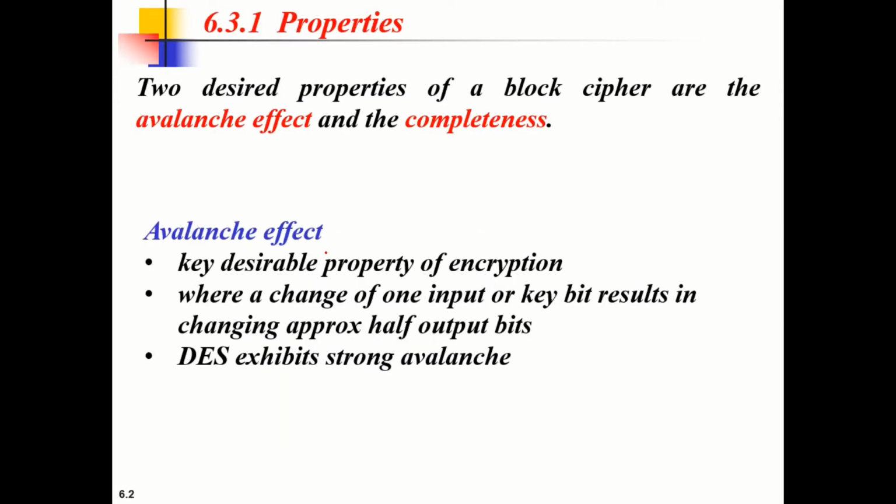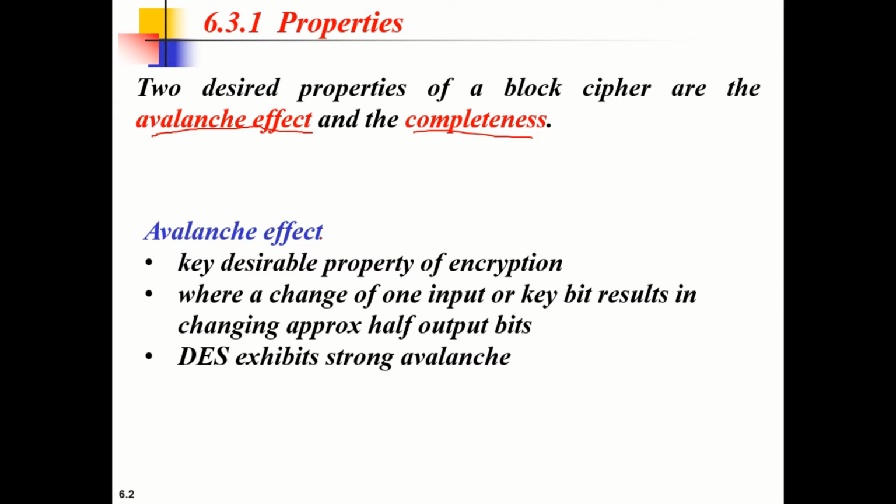So these two properties are desired from any encryption algorithm, which are called avalanche effect and completeness. So avalanche effect, completeness, diffusion and confusion, all these four things are related to each other.